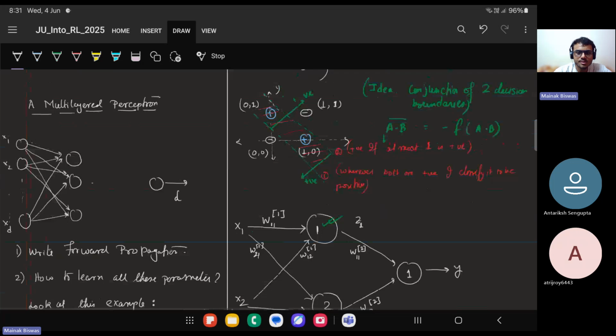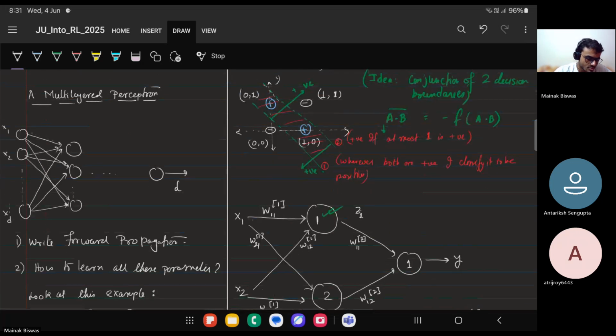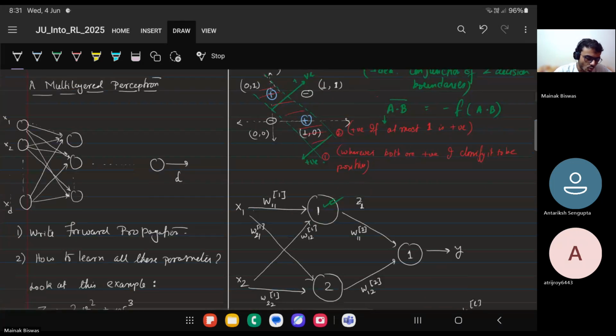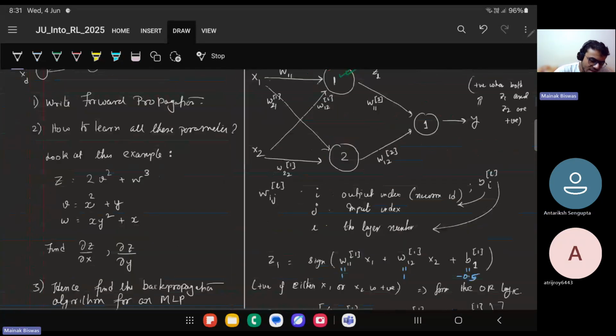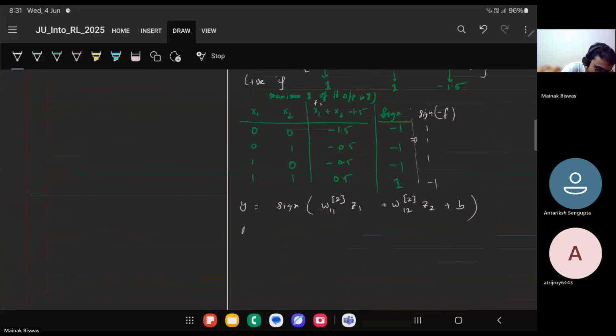Yes or no? Y is positive when both Z1 and Z2 are positive. So now I can do the AND one. Correct. So here clearly I can do AND. And is very simple. We have already done it. 1, 1 minus 1.5.